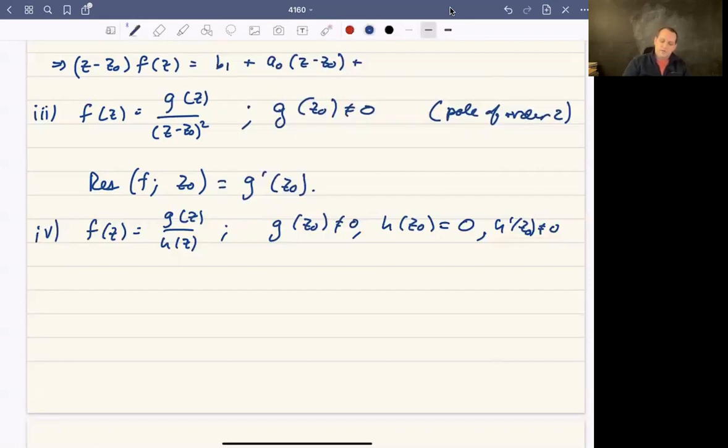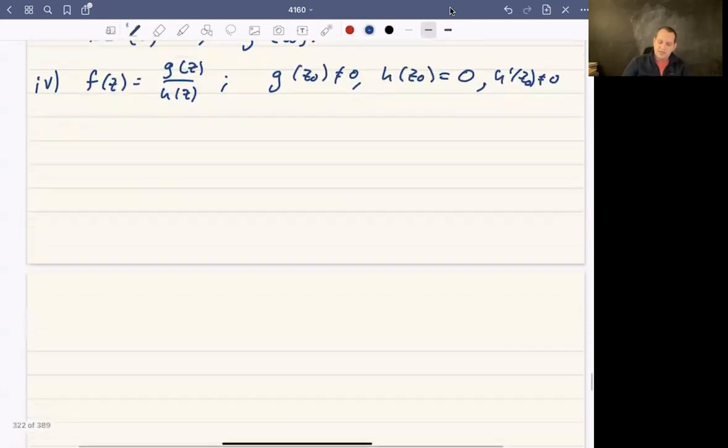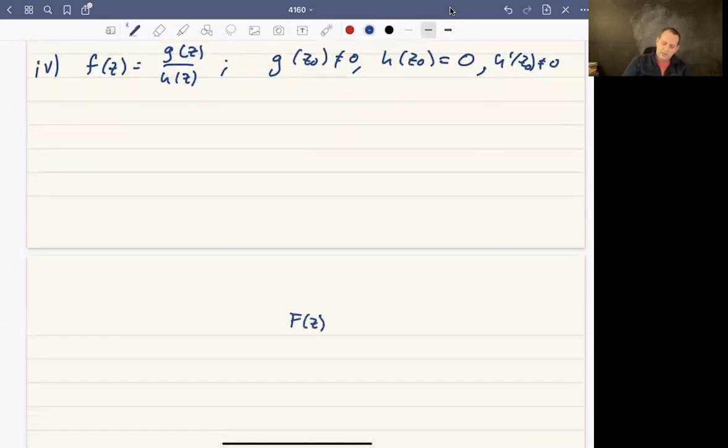I'm saying a little bit more here than I intended, but if you were to take a function and factor out z minus z naught, say, cubed, then the first, second, and third derivatives would all have to be 0 when you plug in z naught.